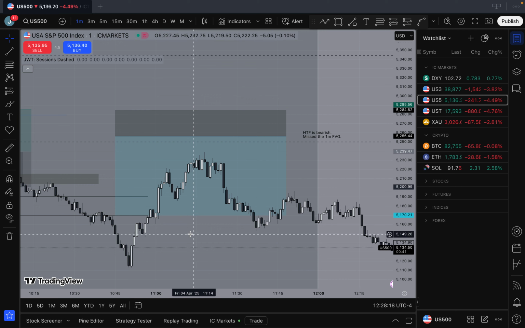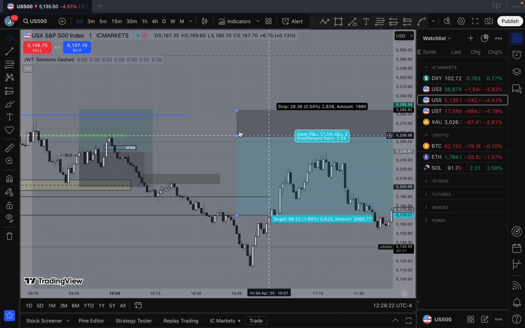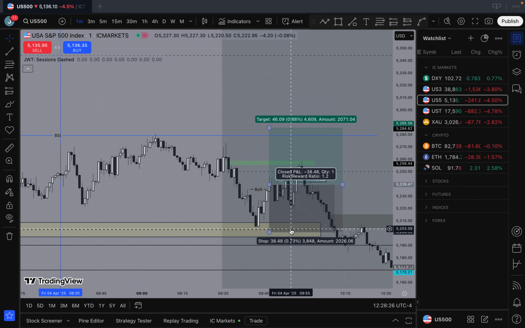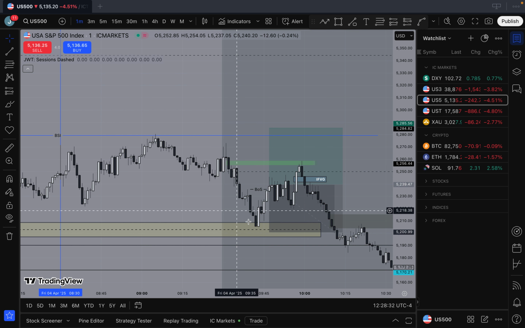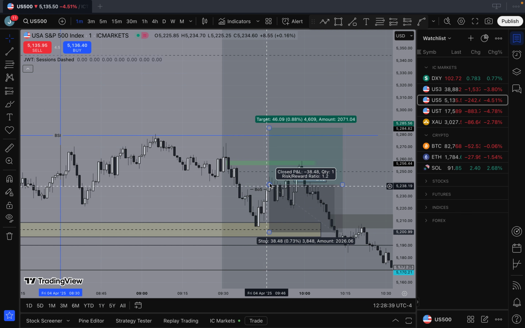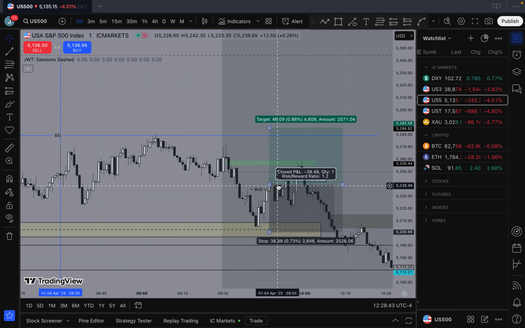Well, I waited for price to come down into the fair value gap. This one's just like what I should have done. I'm going to move that over in a moment. So, start the session up, manipulate down, and then break structure here. I was then looking at this fair value gap, price traded back in, started pushing up on this candle.